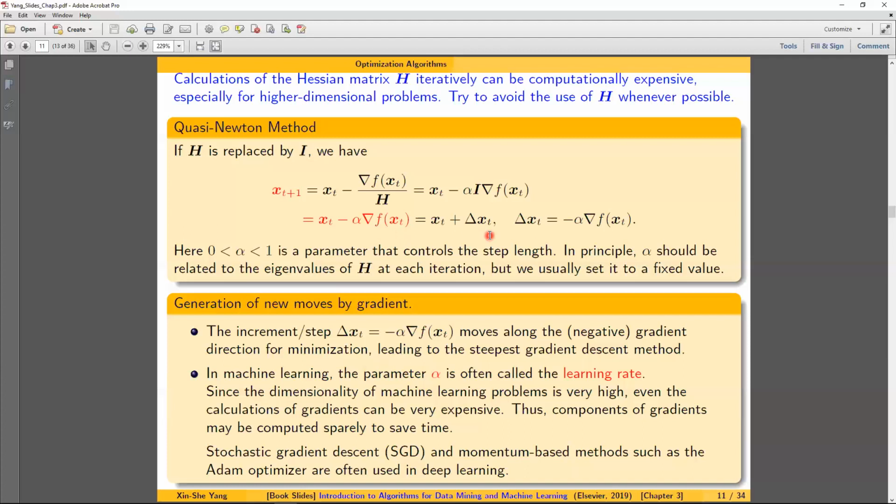And this delta x_t is minus alpha times the first order derivative. So now you see that this has the gradient idea and the step size idea.